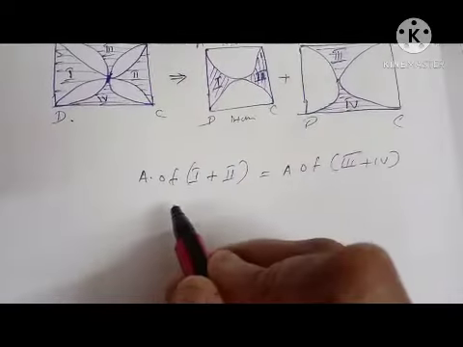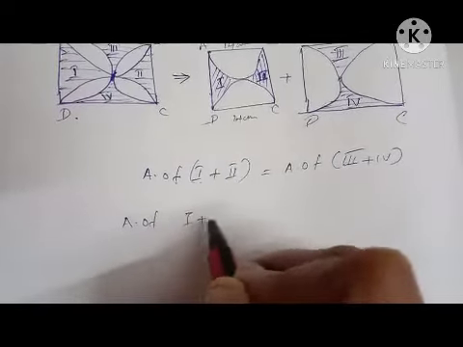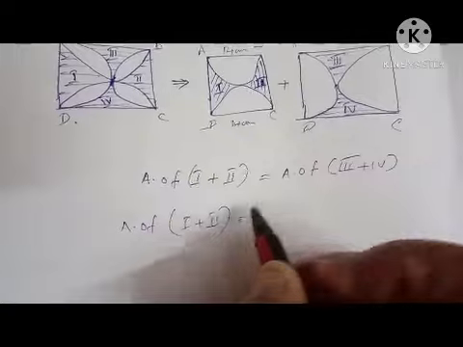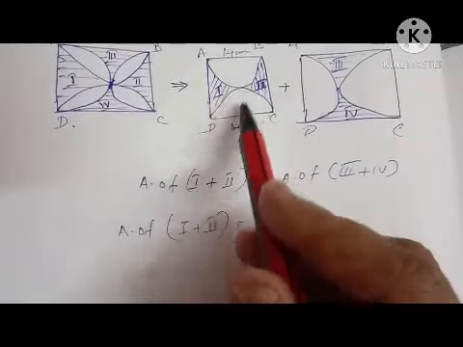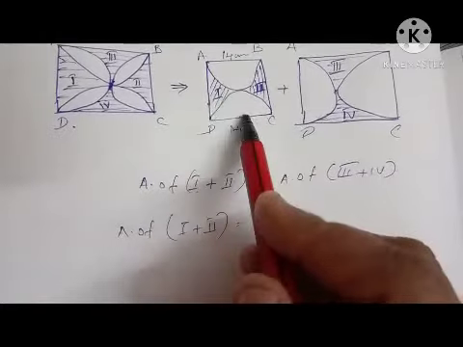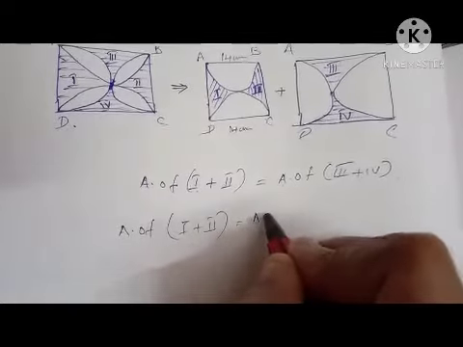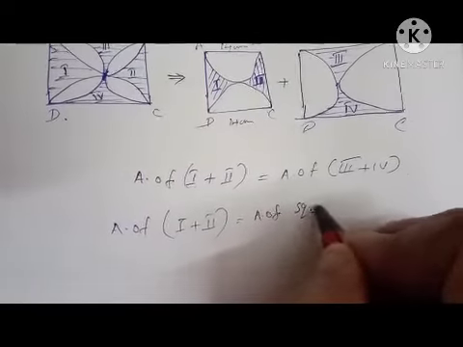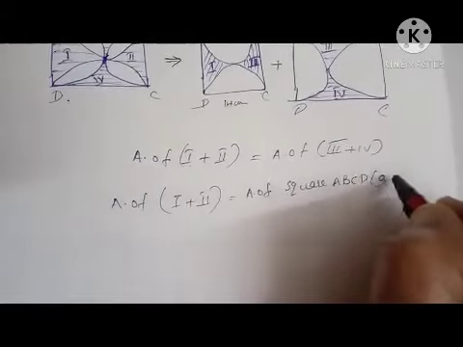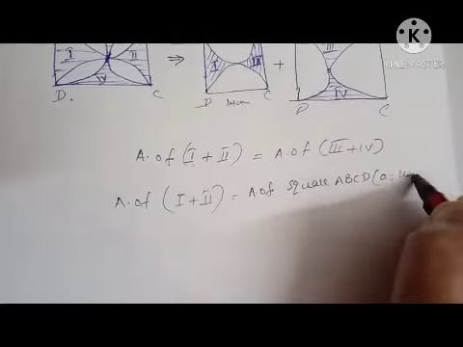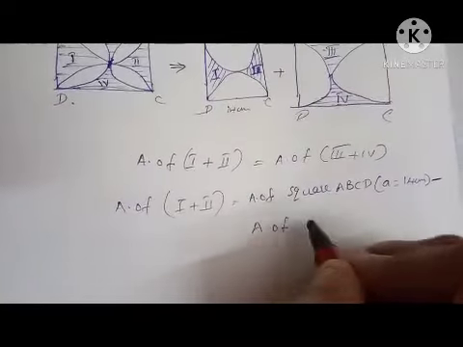Okay, so here how we will get area of 1 and 2? Area of 1 and 2 together it will be what? Area of the square minus area of these two semicircles. These two semicircles together will be a circle, right? So area of square ABCD with the side 14 centimeter minus area of circle.